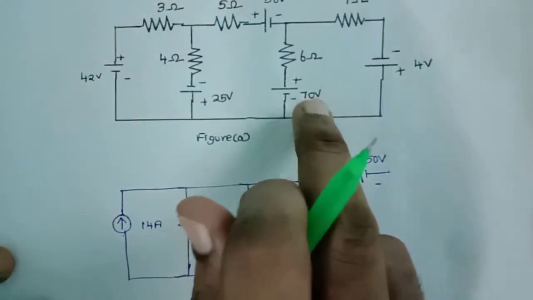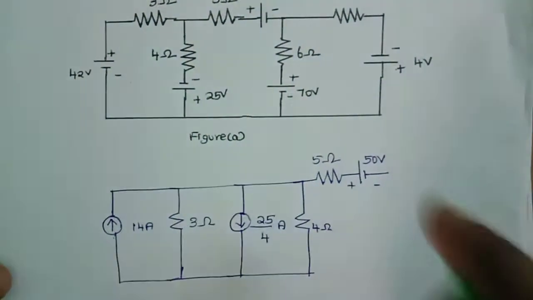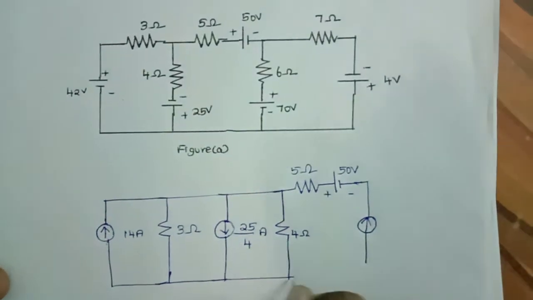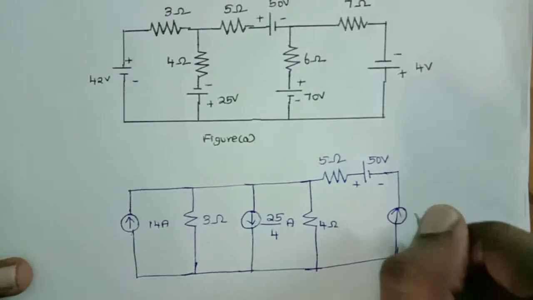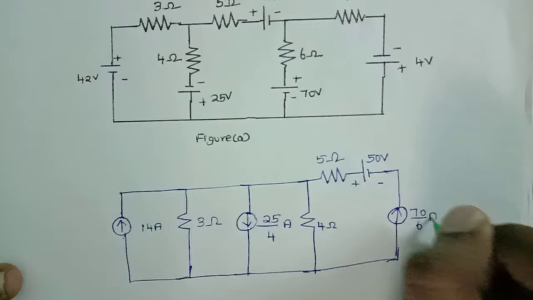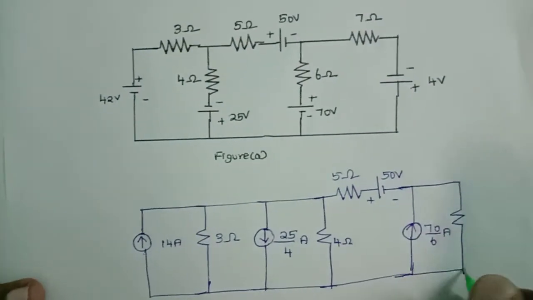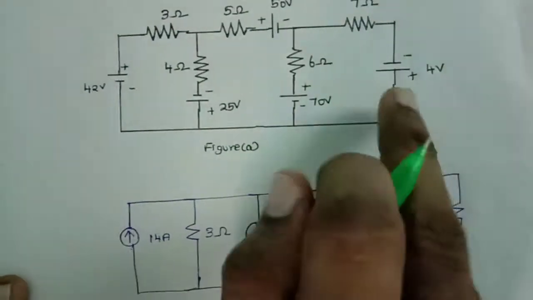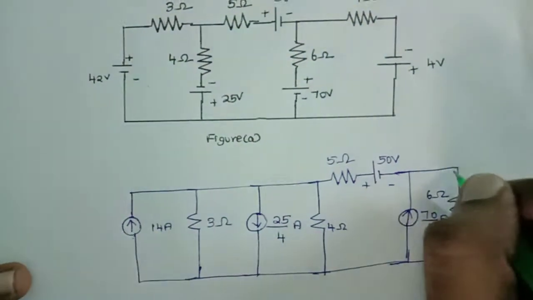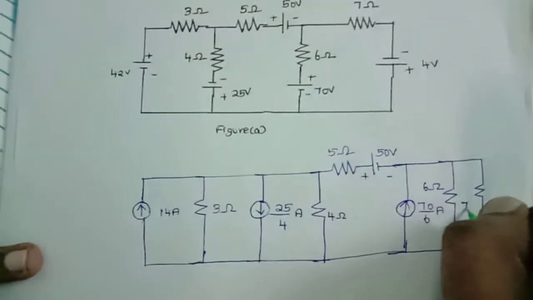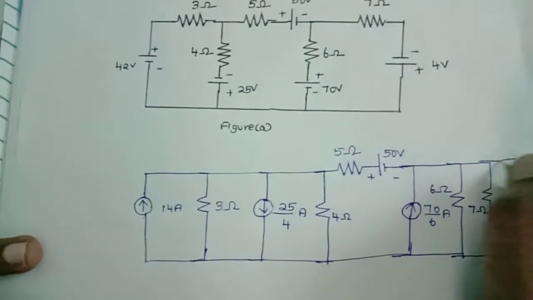Now again here the 70 volt is in series with the 6 ohm resistor. I am converting it, and you will get 70 divided by 6 amps in parallel with this 6 ohm resistor. Am I right? Again you see this 4 volt is in series with the 7 ohm resistor. The plus is on the downside, so the arrow points down.